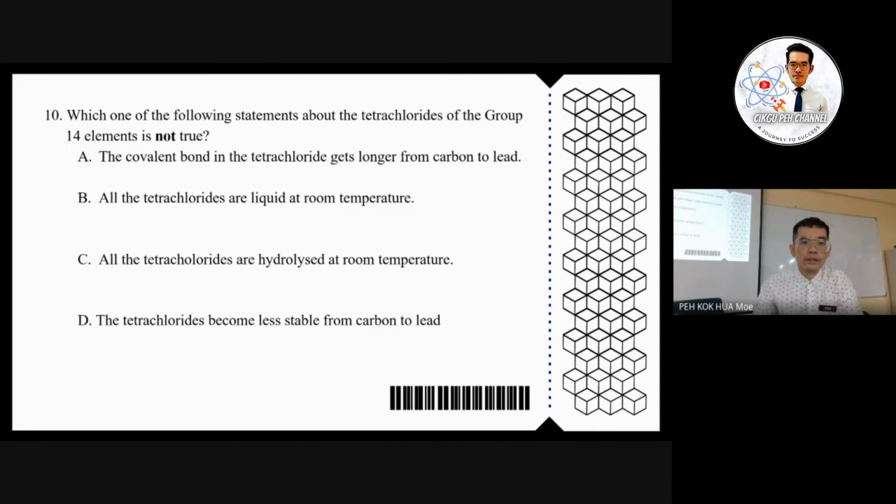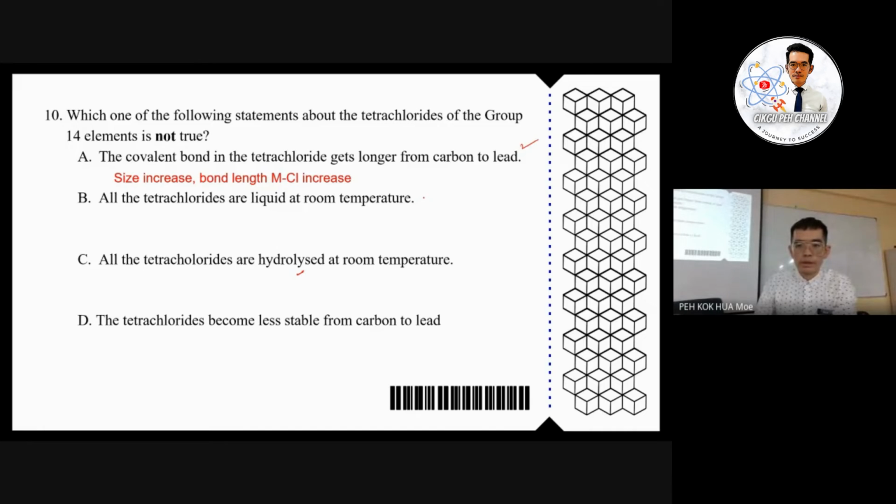Okay, so for A, the covalent bond in the tetrachloride gets longer from carbon to lead. Because the size is increased, the bond length will be increased. So this will be correct. Then for B, all the tetrachlorides are liquid at room temperature.